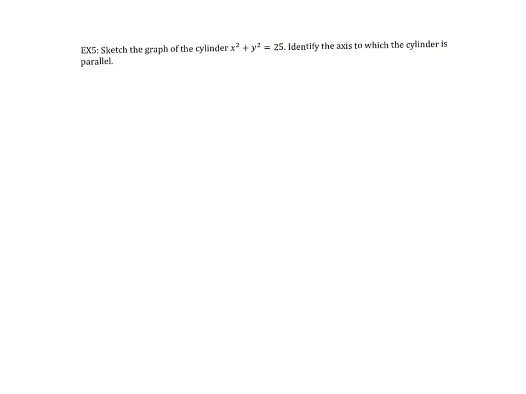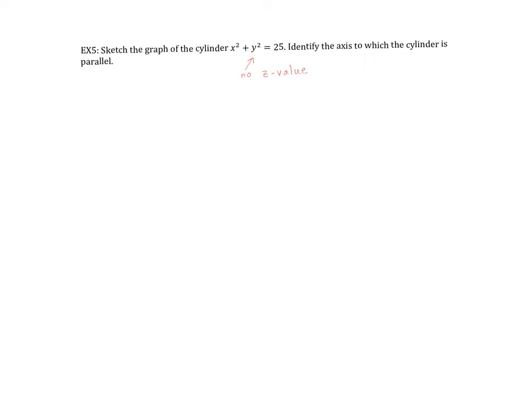Example 5, we want to sketch the graph of this cylinder x squared plus y squared equal to 25, and then identify the axis to which the cylinder is parallel. Well, I already know what axis the cylinder is parallel to, because notice in my equation there's no z value.